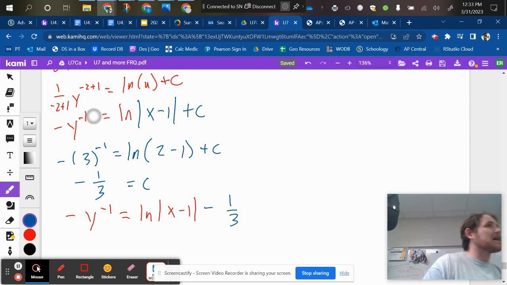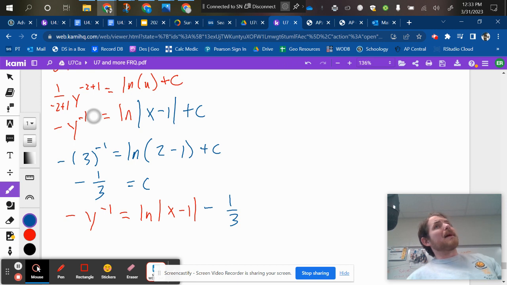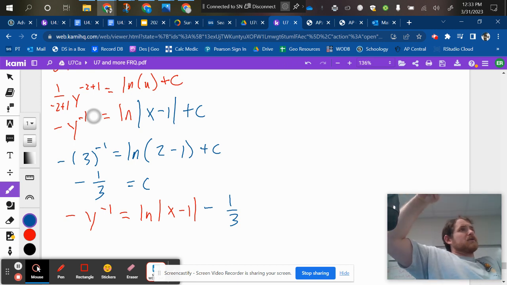So if you had the wrong C, but you got y by itself, I gave you that extra point, even though you screwed up the antiderivatives. So there was a lot of 3 out of 5s, a lot of 2 out of 5s, but there really weren't any 4 out of 5s because you screwed up the antiderivatives. And those were like the 2 points.